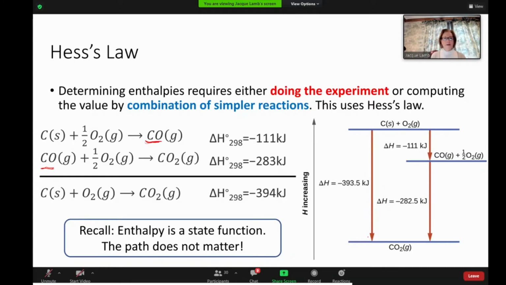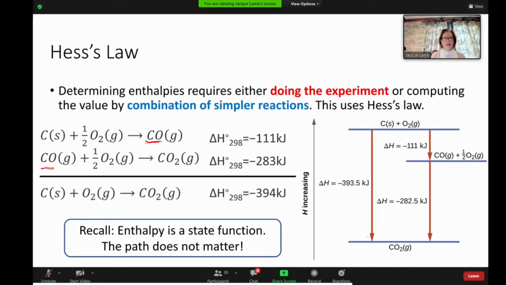That means that if you can find two or more reactions that you can manipulate in a way to combine them to add up to your reaction of interest, you can use the enthalpies of those reactions to calculate.